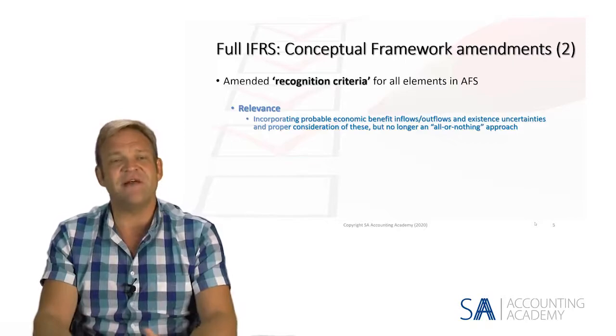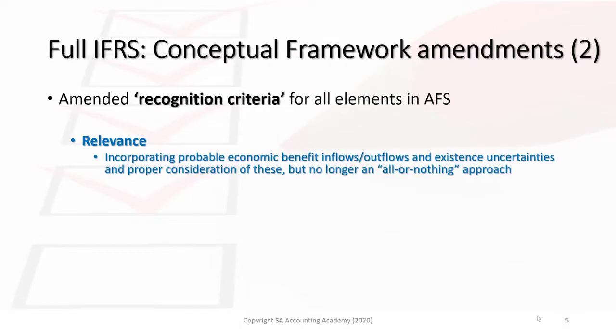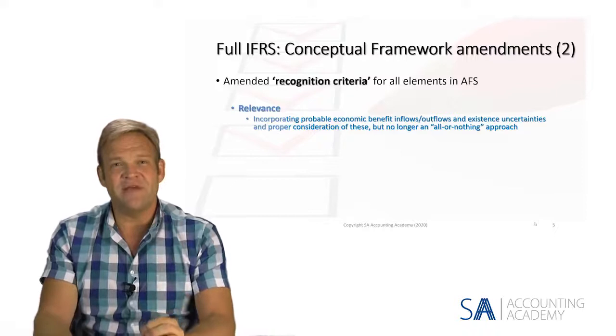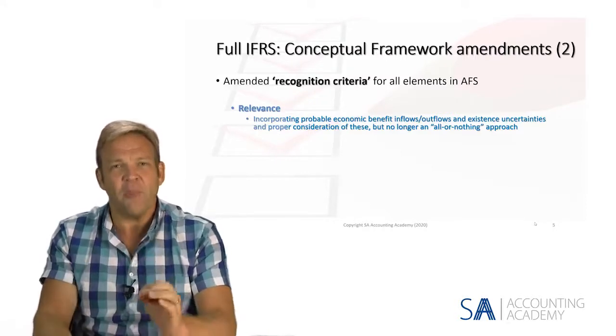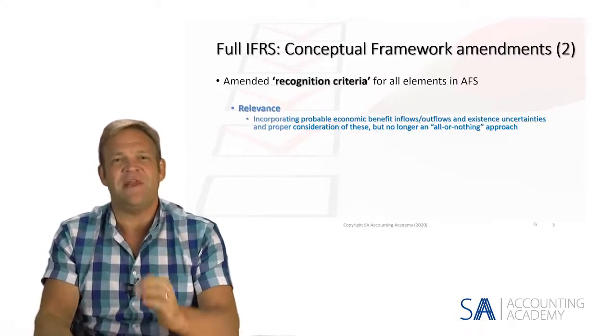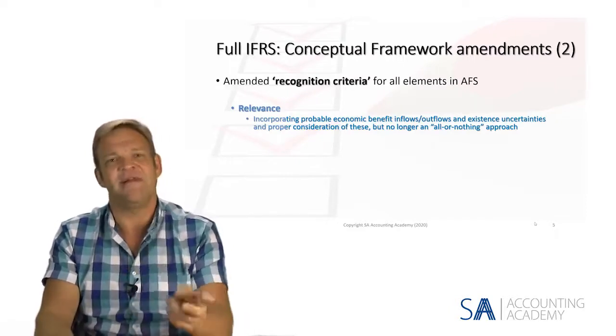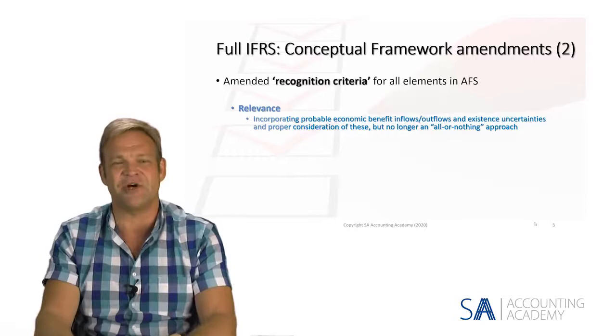So if you look on slide 5, relevance incorporates the probability of benefit inflows and outflows in the future, but it is not limited to that. So that whole concept of probable future economic benefit inflows or outflows, depending on whether it's an asset or liability or income or expense, etc.